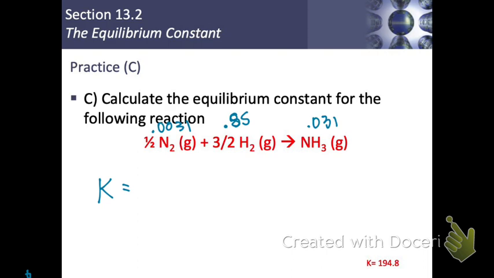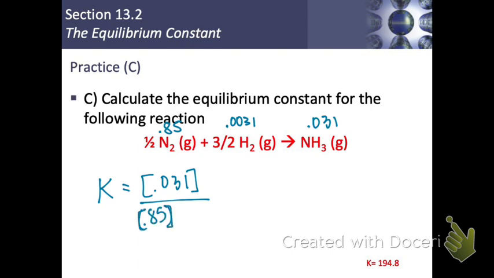So if they ask us for the equilibrium constant of this reaction, my numerator is just 0.031. My denominator is 0.85 to the 1/2 power and 0.0031 to the 3/2 power.